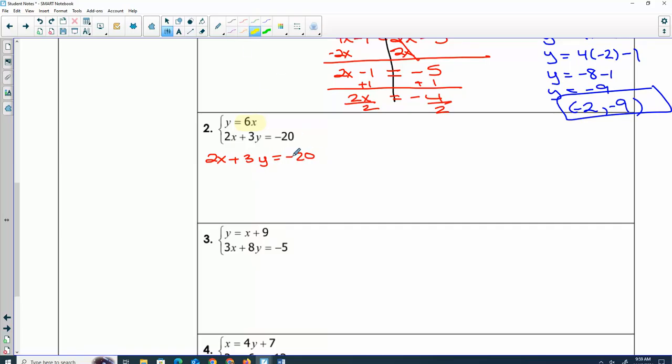But I know y is negative 6x. Sorry, positive 6x. So I'm replacing my y with the 6x. So I took the first one, it told me what y was equal to. I used that to replace the y in the second equation. Have I lost anyone on that step?